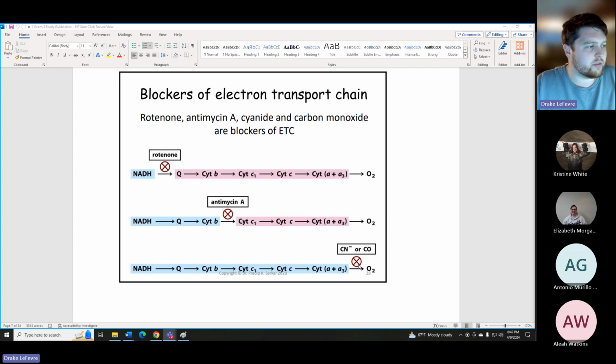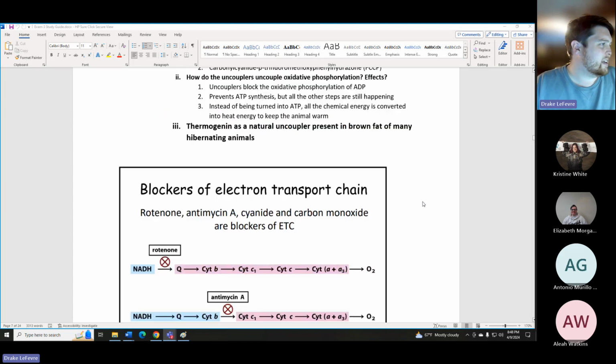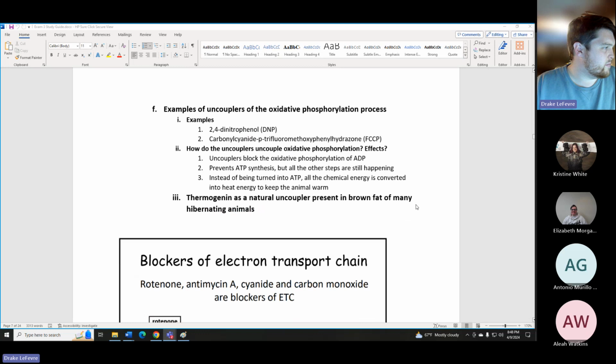They prevent the electrons from giving it to oxygen. Good way to remember things.